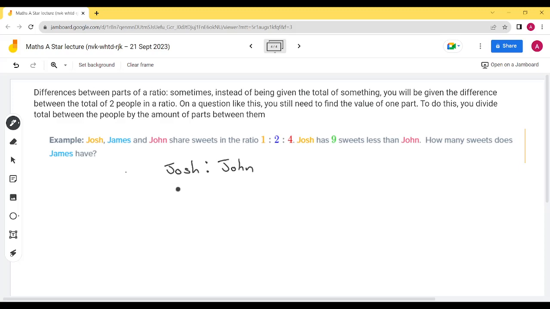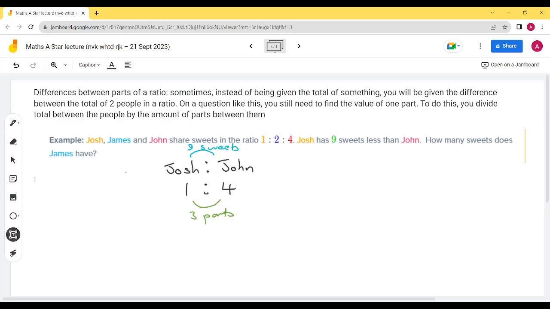So Josh has 1 part and John has 4 parts. And we know between Josh and John, there are 9 sweets. We've been told that. So we can mark up here 9 sweets. And between them as well, we know there's 3 parts.